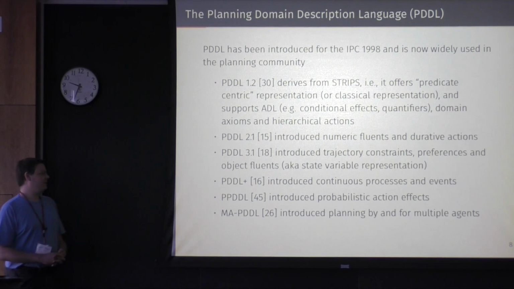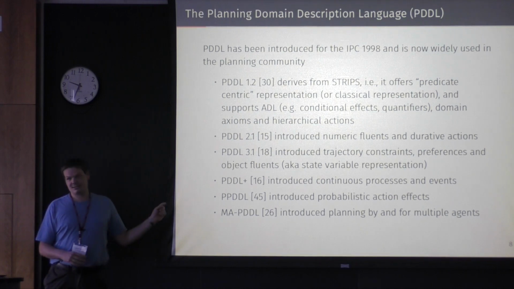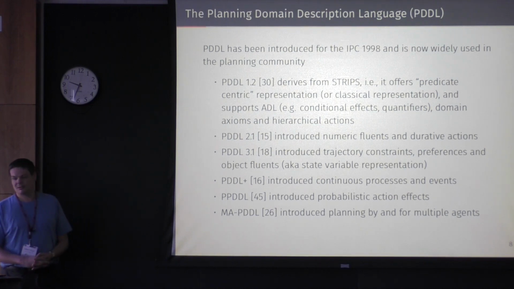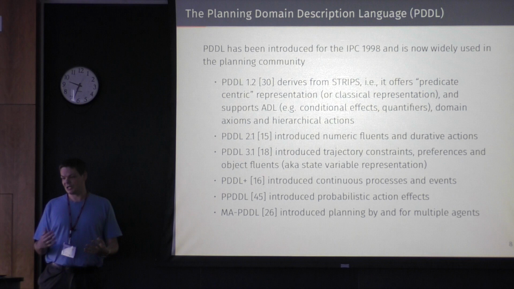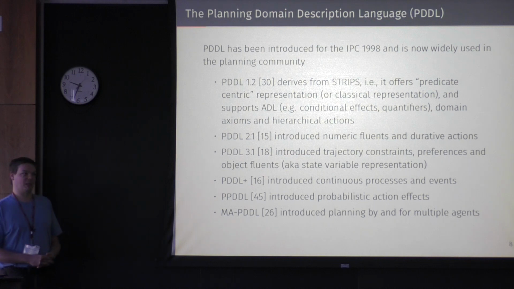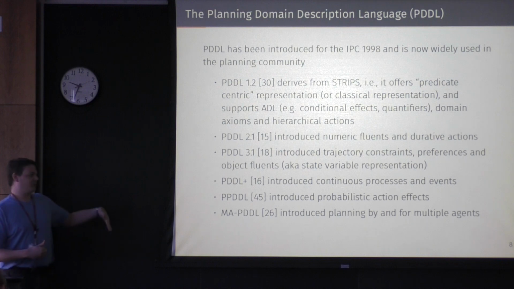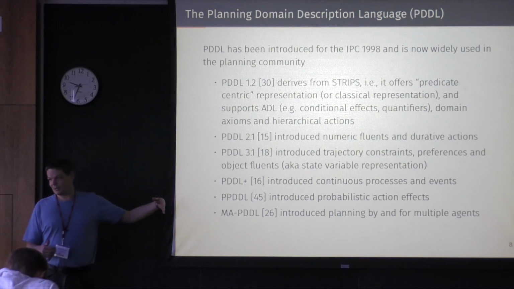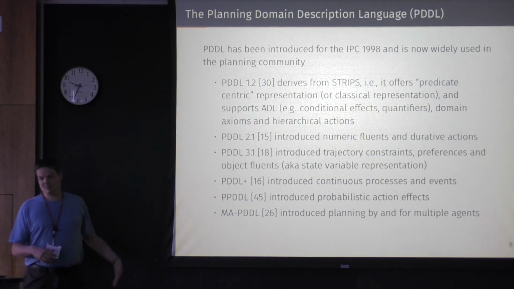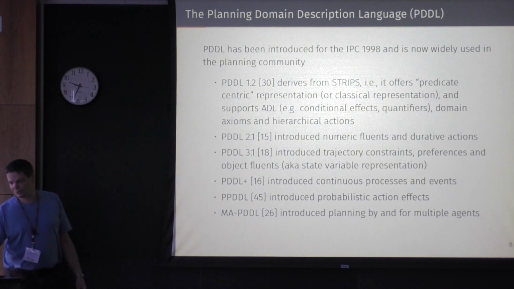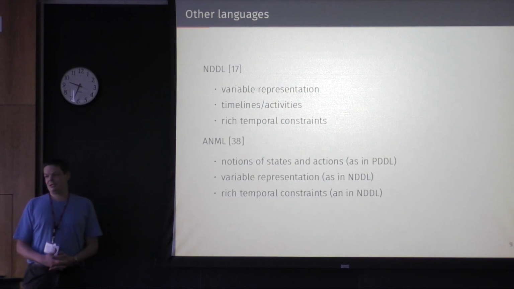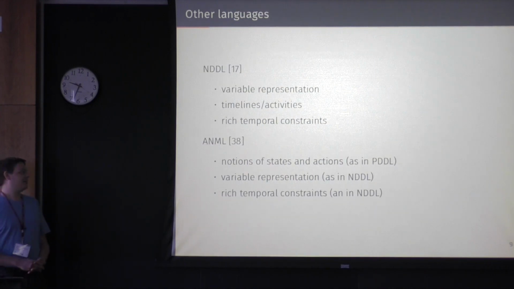And finally, a very recent extension of PDDL introduced aspects for multi-agent planning, like for instance what information can be shared by what agent and what actions can be taken by what agents and so on.